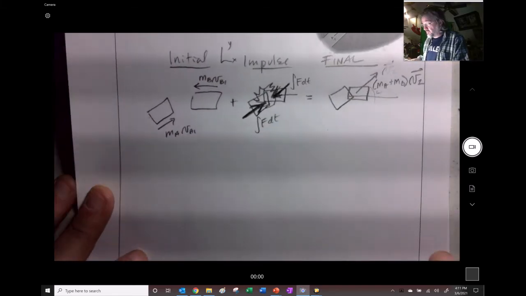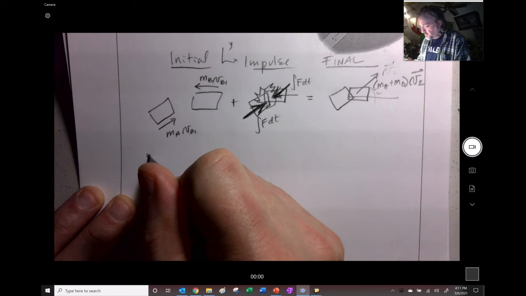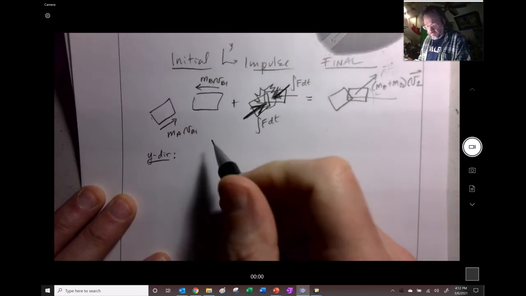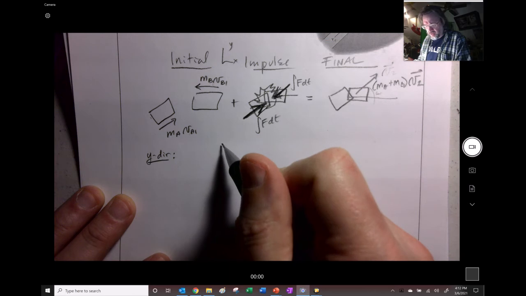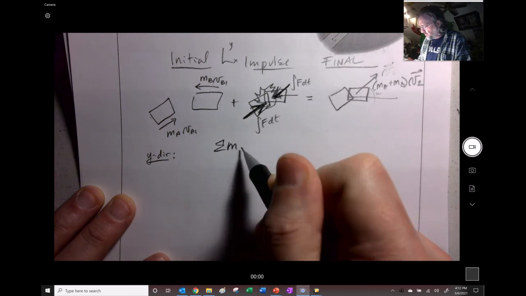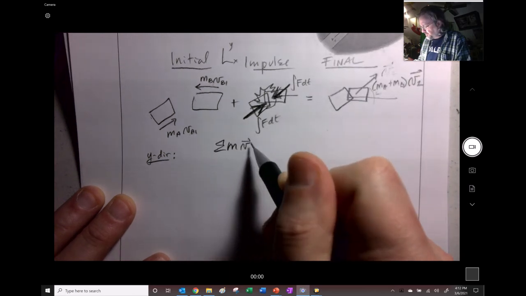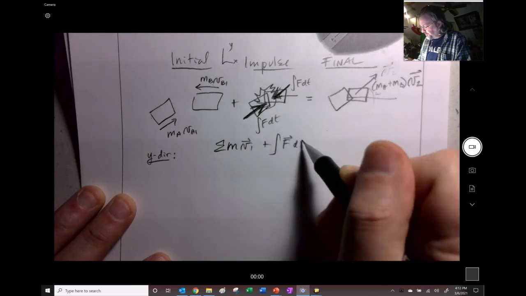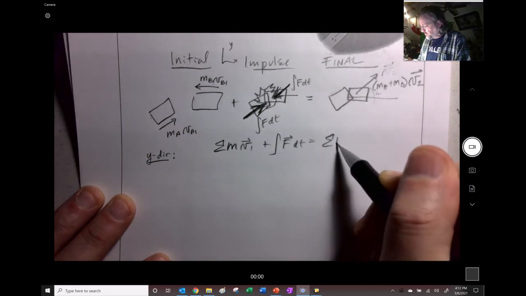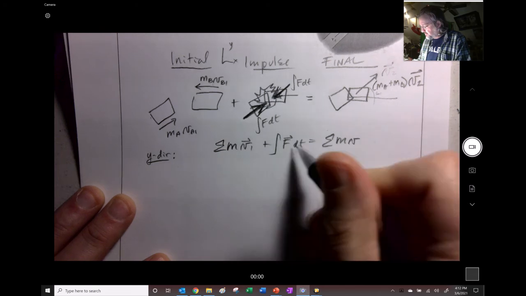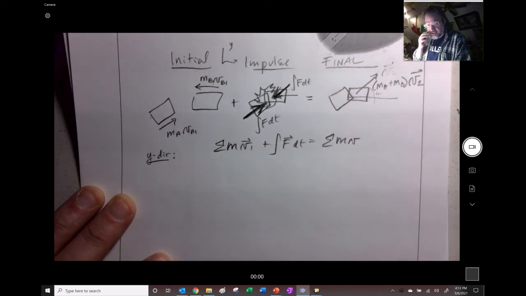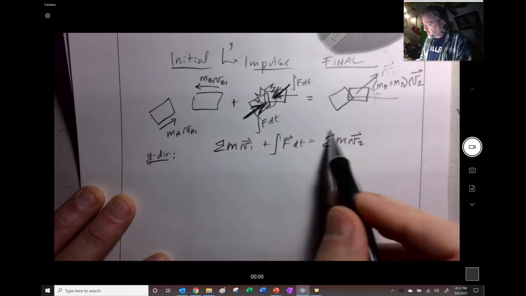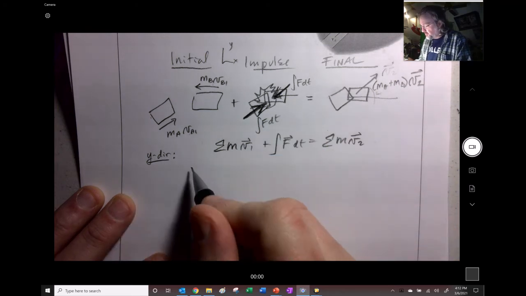And so anyway, let's go to the y direction of this. Above it, I say the summation of the momentums 1 plus the impulse integral is equal to the summation of the momentums 2. So that's basic. This is the equation. Now we're going to break it down into the y direction.